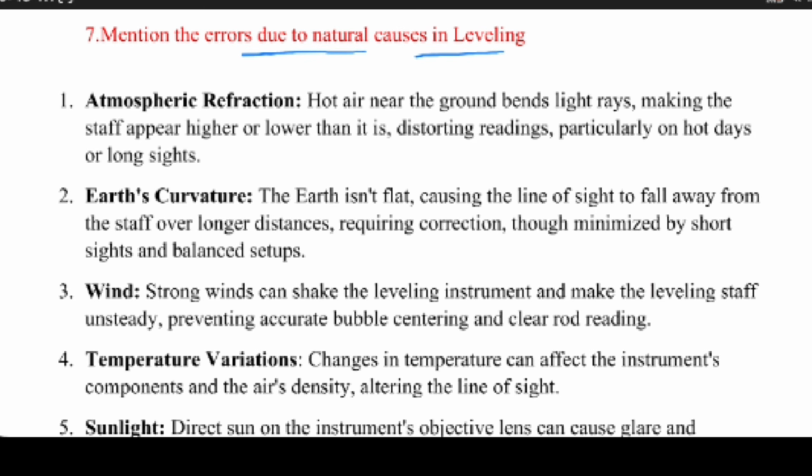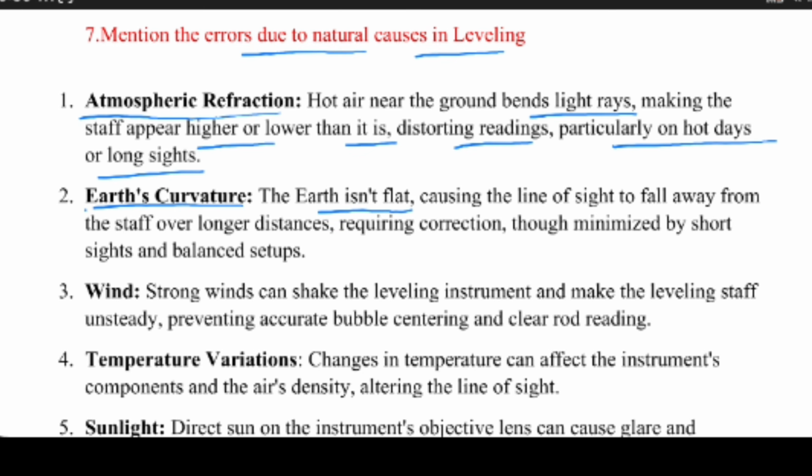Next, mention the errors due to natural causes in levelling. One is atmospheric refraction: hot air near the ground bends the light rays, making the staff appear higher or lower, distorting readings, particularly on hot days with long sights. Next is earth curvature.